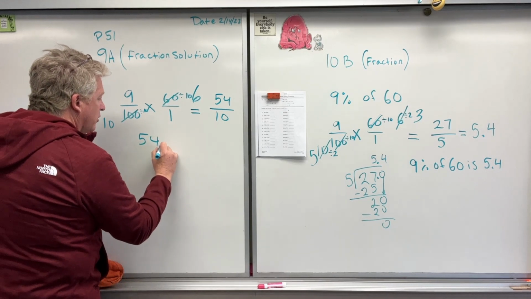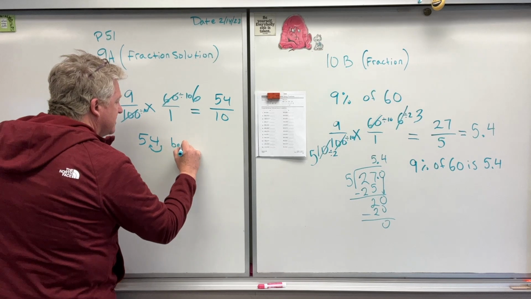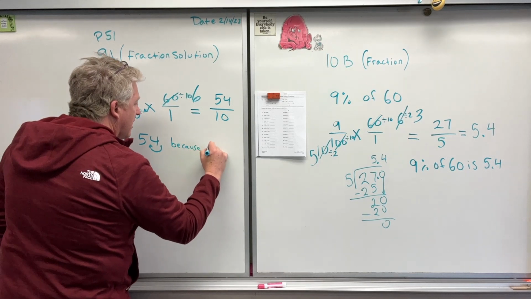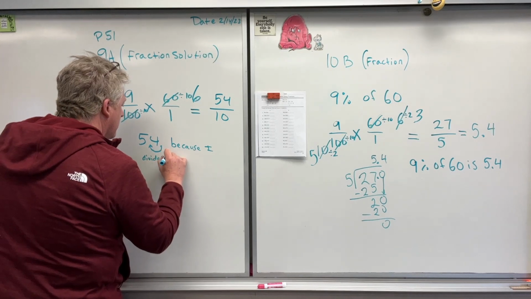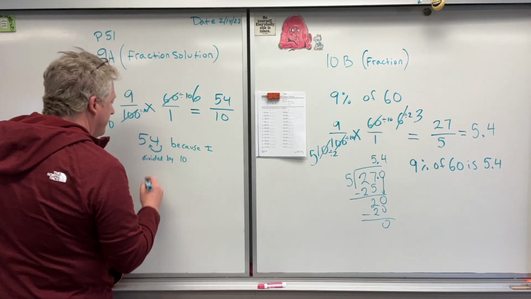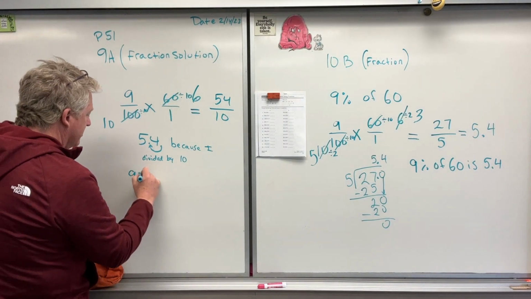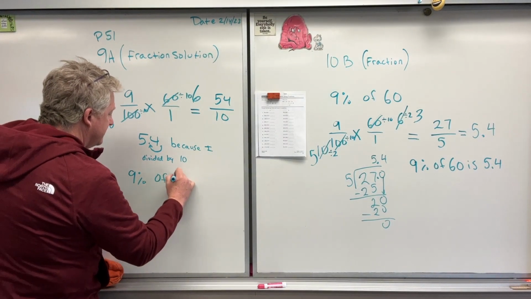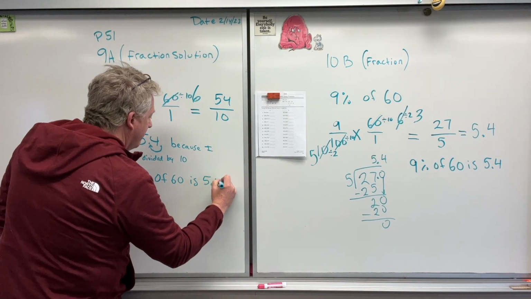54 has a decimal here, move it 1 spot over because I divided by 10. So then I would say 9% of 60 is 5.4.